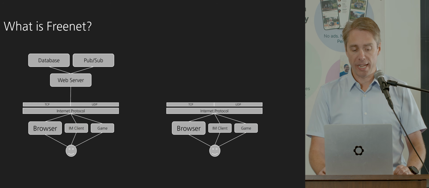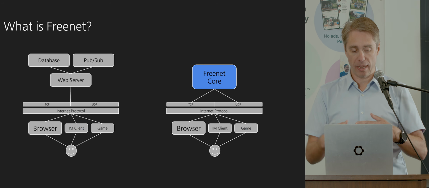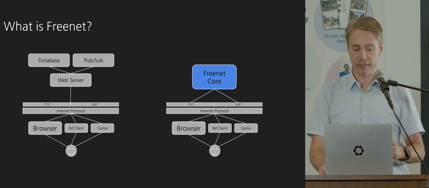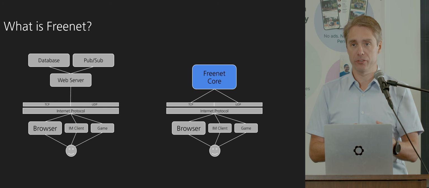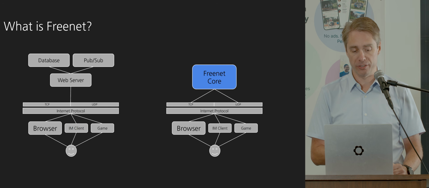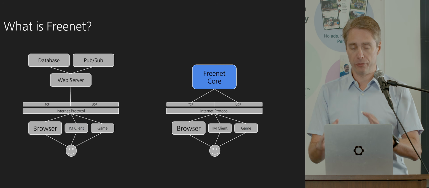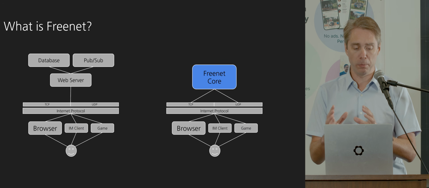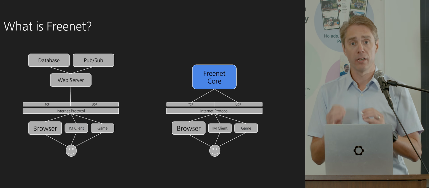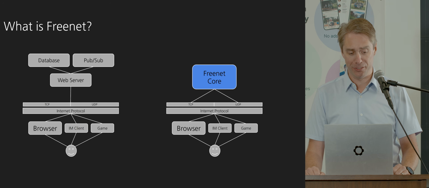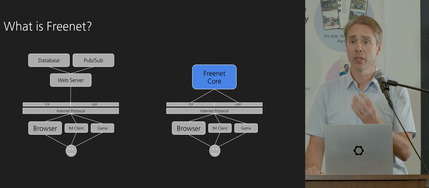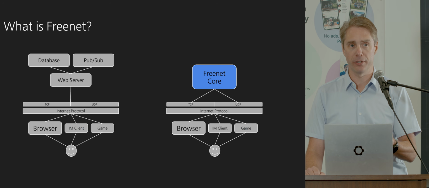The vision with Freenet is different. Everything the user interacts with is the same, but instead of connecting over the internet to a series of data centers, with Freenet, we run a small piece of software called the Freenet core, which is about 5 or 6 megabytes, which is really nothing by the standards of modern software, which runs on the user's computer.